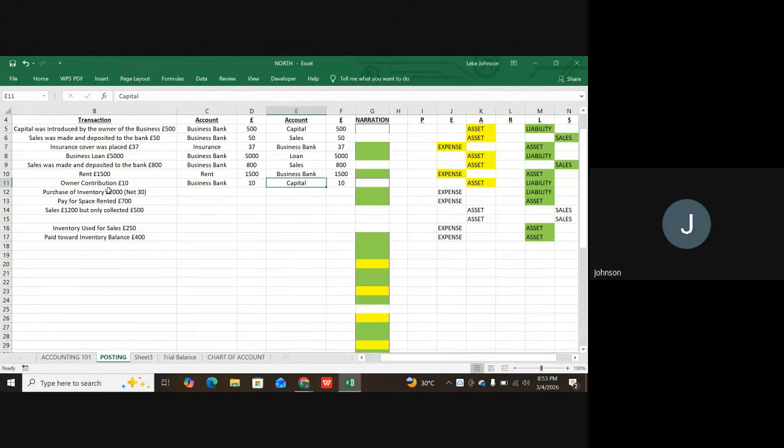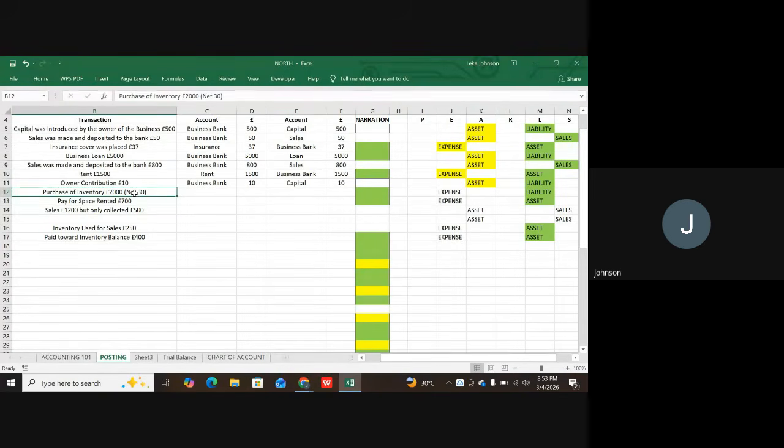So what are the likely accounts that are going to be affected over here? £2,000 of inventory was purchased, and they put in bracket net 30 to tell you that they have not paid for it; it's in the next 30 days that it will be due for payment.